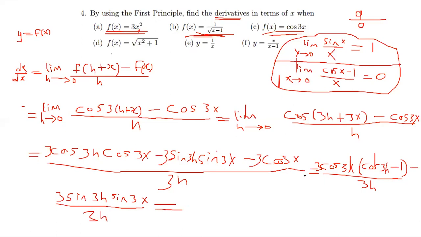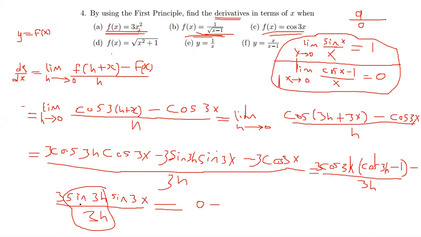So you can see our identities have now been achieved. Where you say cos 3h minus 1 over 3h is just the same as cos x minus 1 over x, which is 0. So when I replace 0 there, I'm going to have 0 times 3 cos 3x, so I'll get a 0 there. And then I'll say minus. Here we can see that there is sine 3h over 3h, which is just the same as sine x over x, which is just the same as 1 there.